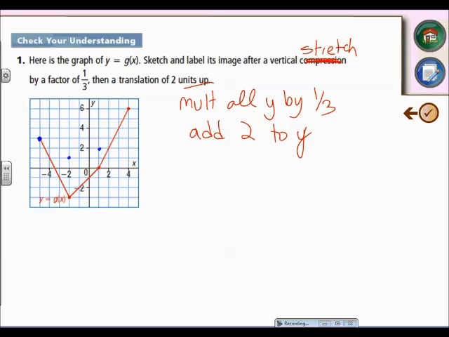And we're there. And last point. It's at 6, multiplied by 1/3, whips it way down to 2, and then move it 2 up. And we connect all of our points now.